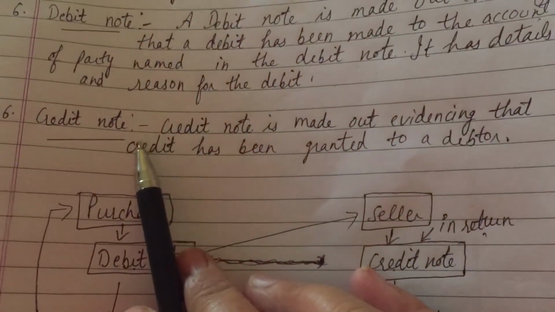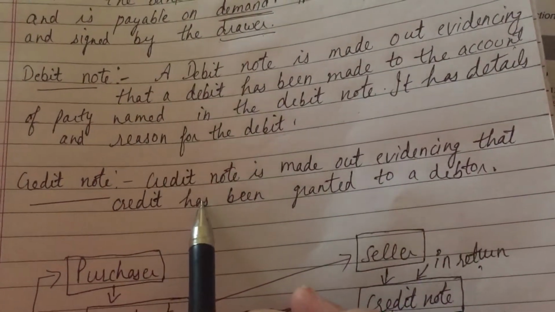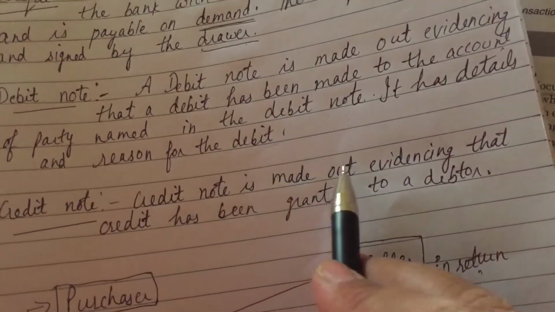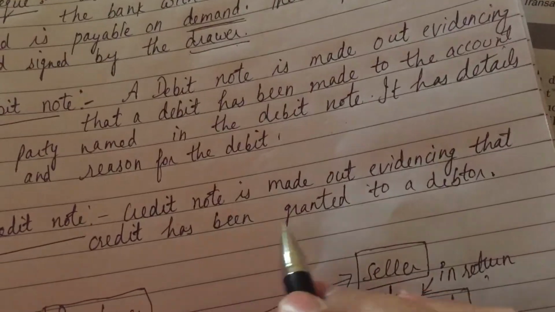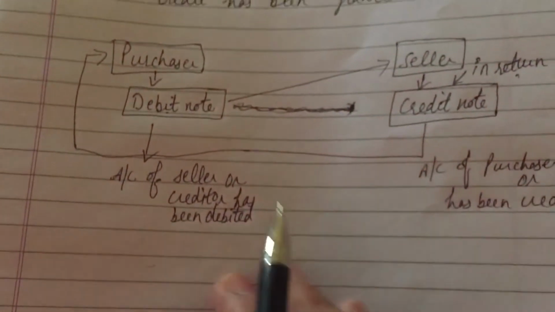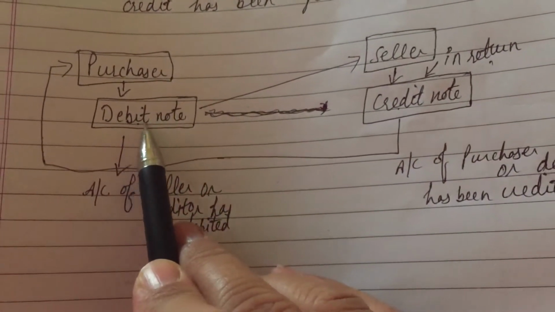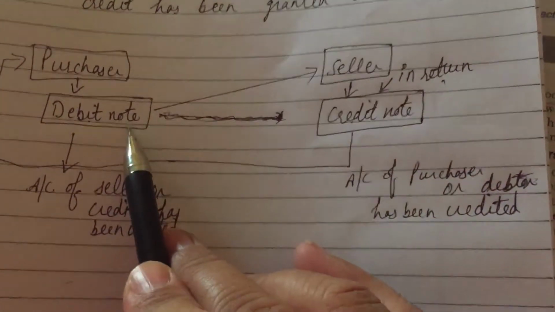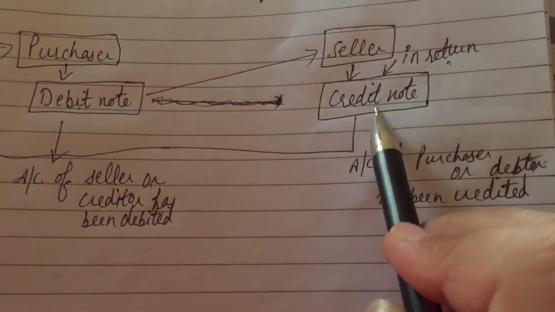And a credit note means, in return for the debit note, the second person, the seller, will make a credit note evidencing that credit has been granted to a debtor. First of all, the purchaser will make a debit note and send it to the seller, and in return the seller will make a credit note.